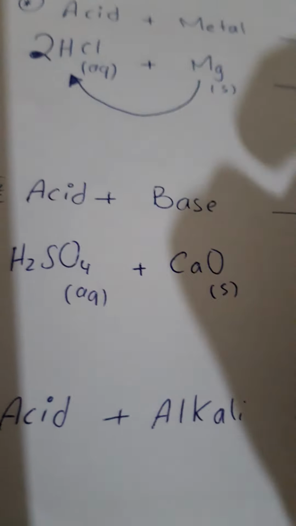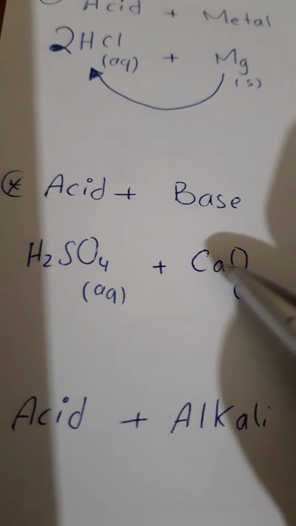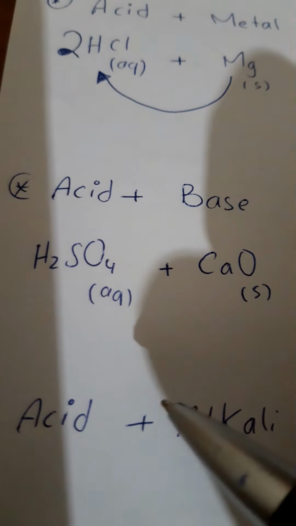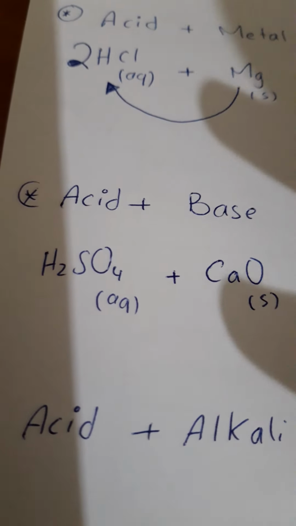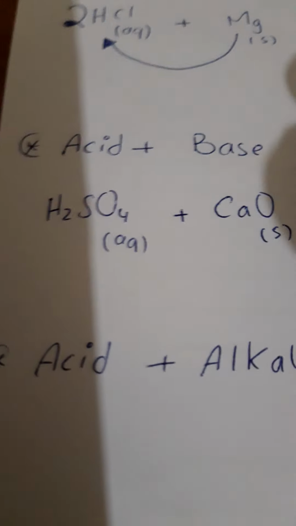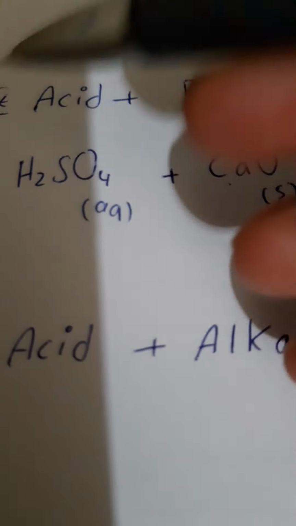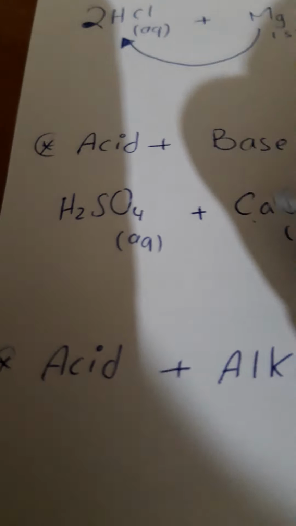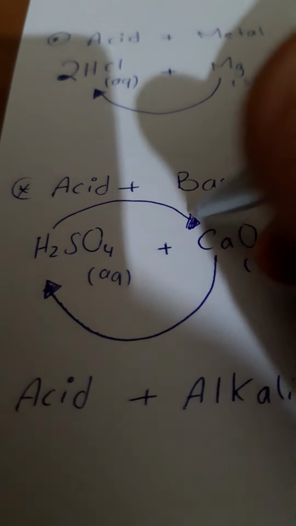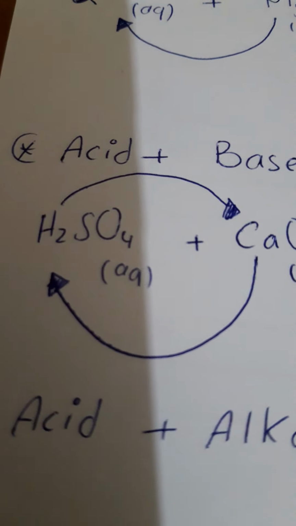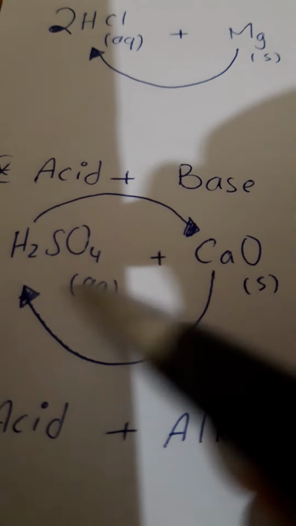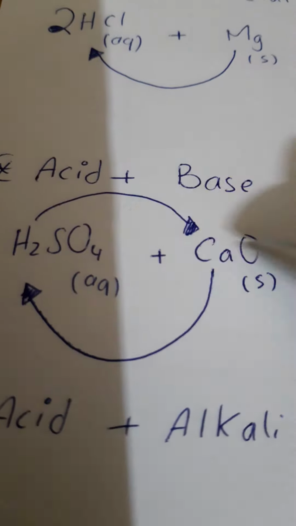Look, guys, most metal oxides are basic oxides. Here it's not a single displacement as in the first equation; here I have a double displacement reaction, so the metal does not need to be more or less reactive than hydrogen, any metal could react. So calcium takes the place of hydrogen, and at the same time hydrogen takes the place of calcium to have the products calcium sulfate CaSO4 plus H2O.